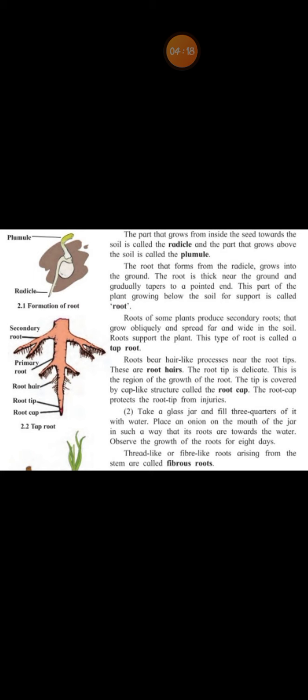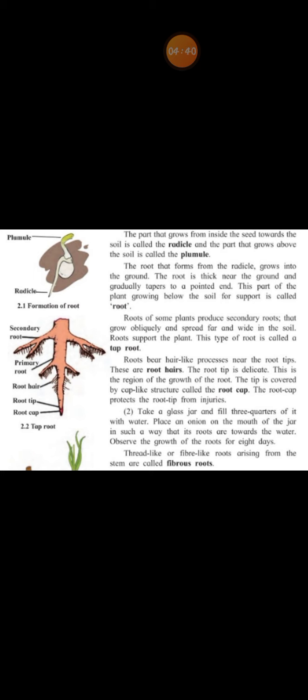Fine. Now, children, see figure 2.2, taproot. Okay, children, what is it that we'll see? Roots of some plants produce secondary roots that grow obliquely and spread far and wide in the soil.